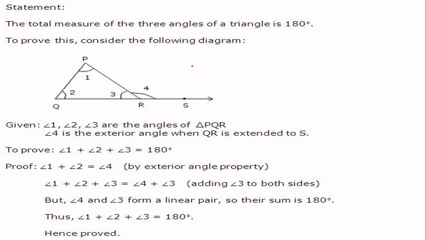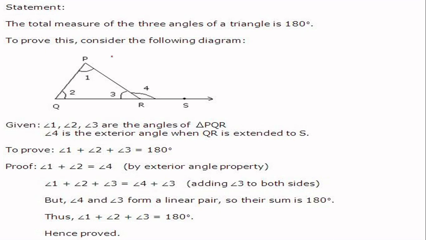So friends, we have talked about the angle sum property of a triangle. Now we will take a look at the proof of this property. It states that the total measure of the three interior angles of the triangle is equal to 180 degree.